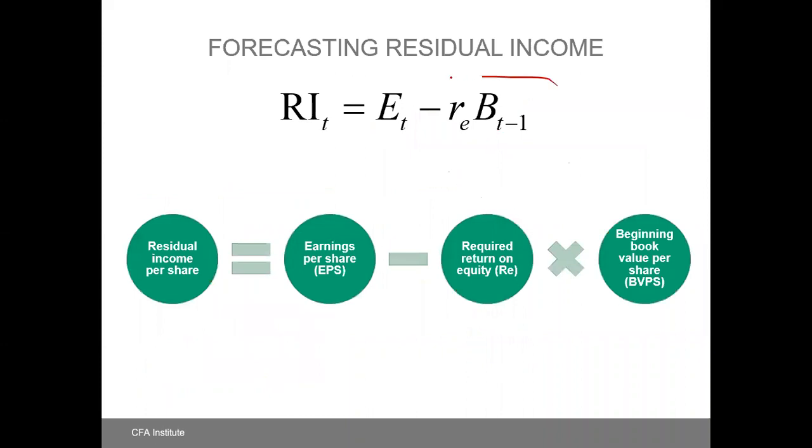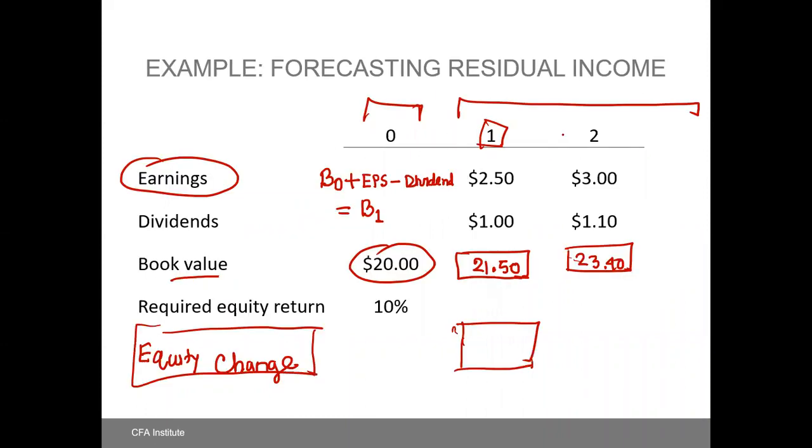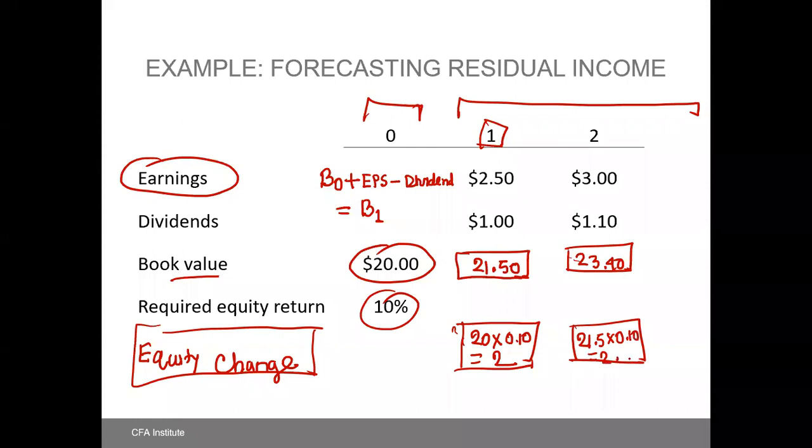If we take the beginning equity value per share for this period, 20, multiplied by the cost of equity, which is 10%, how much is it? 2 taka. And for the next period, if we have 21.5 book value of equity per share at the beginning, and we multiply this by 10%, we have 2.15.